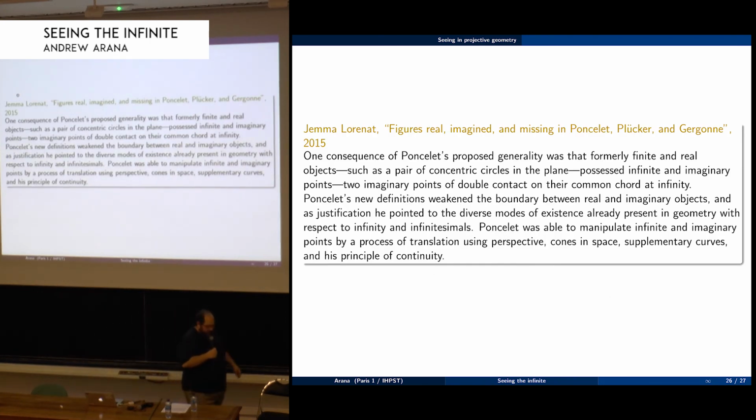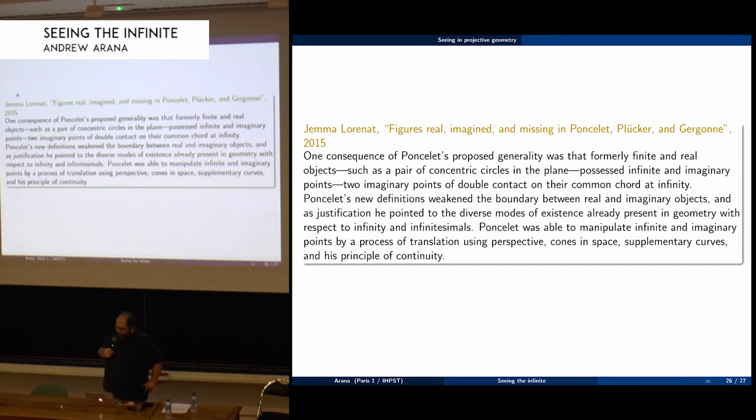This passage from Lorenat, I think, states quite well the consequences of this. So she says, one consequence of Poncelet's proposed generality was that formerly finite and real objects, such as a pair of concentric circles in the plane, possessed infinite and imaginary points, two imaginary points of double contact on their common chord at infinity.